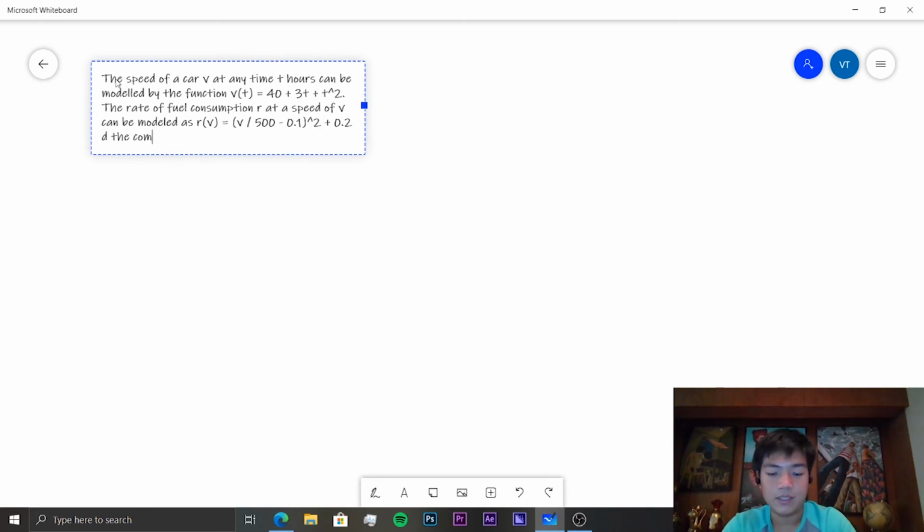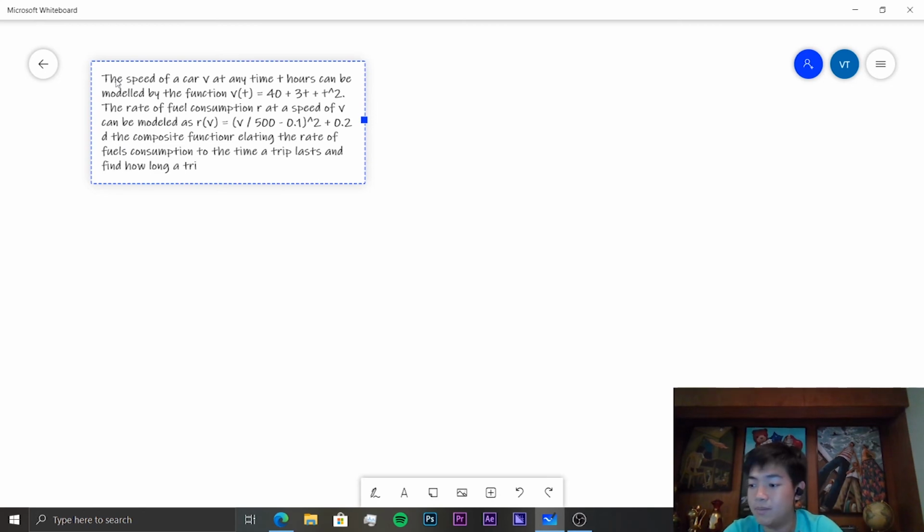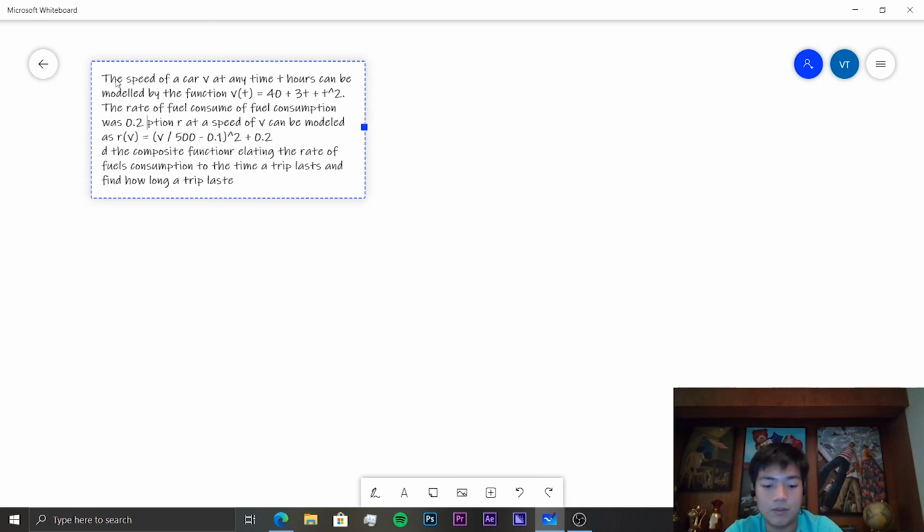Find the composite function relating the rate of fuel consumption to the time a trip lasts, and find how long a trip lasted if the rate of fuel consumption was 0.2.